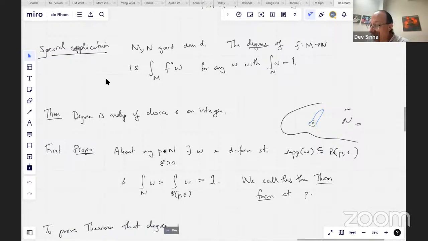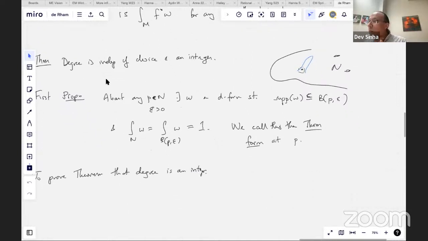Okay, so then to prove the theorem, we're going to use this as our volume form, to prove that degree is an integer. What we do is you have your map from M to N. We assume that for all y such that f of y equals P, df at y is non-singular.